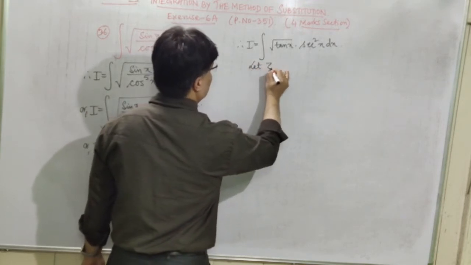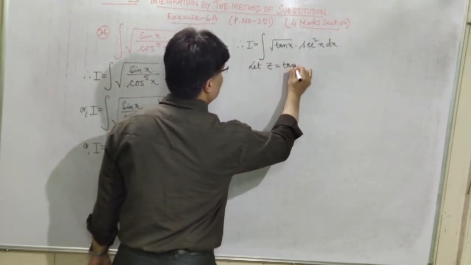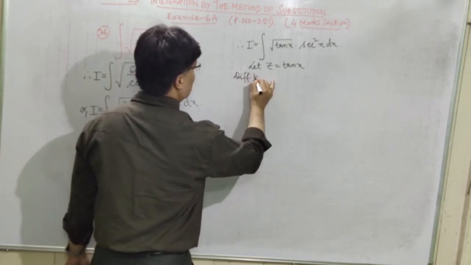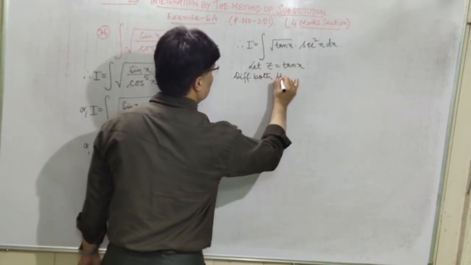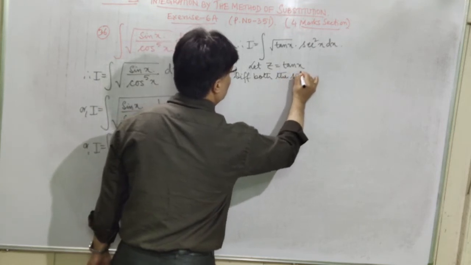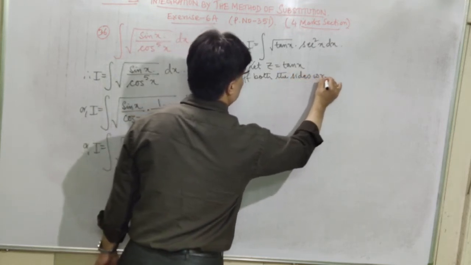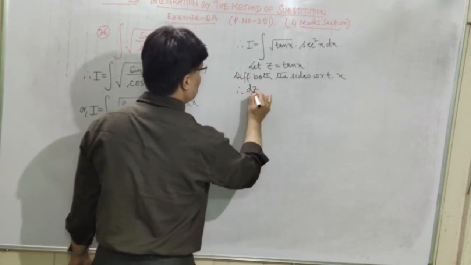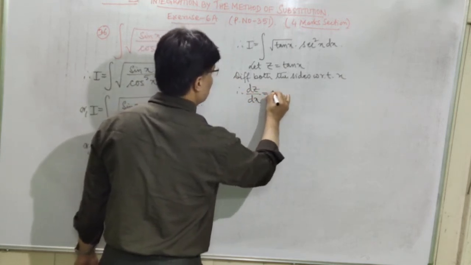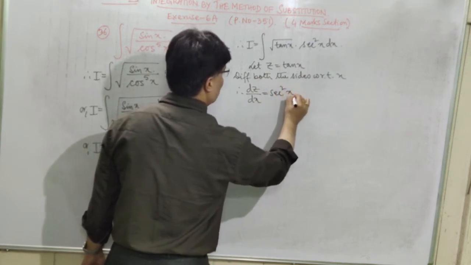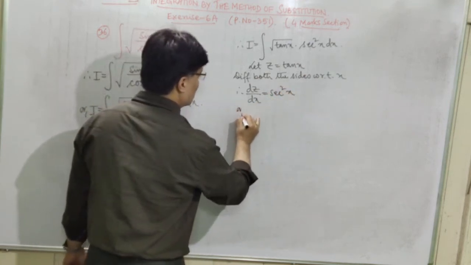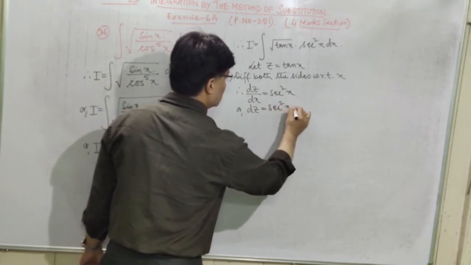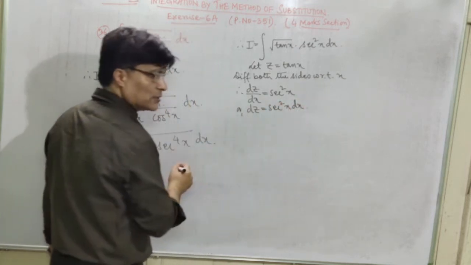So let z is equal to tan x. Now differentiating both the sides with respect to x, dz by dx is equal to sec square x. You can do cross multiplication: dz is equal to sec square x dx.